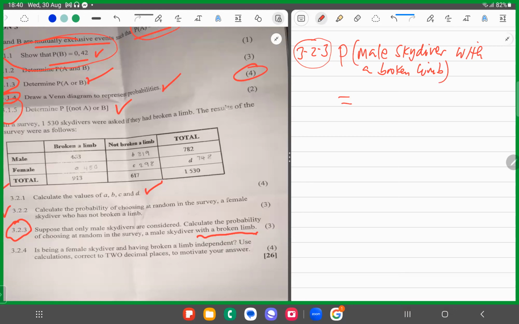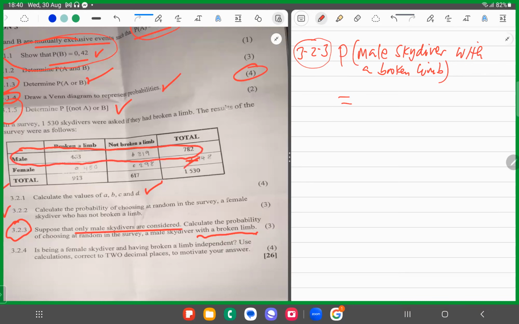At this point, you suppose that only male skydivers are considered. So do not consider the females. We're only considering these here. We just cross out all the females. We just say the females are not there. So in the total, you cross out this one.